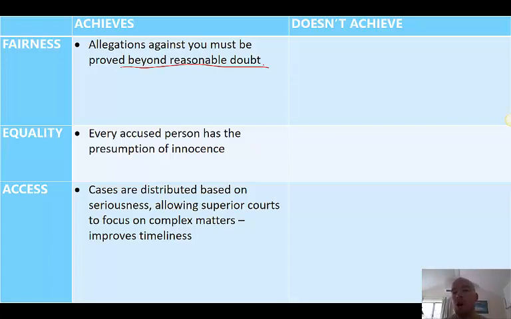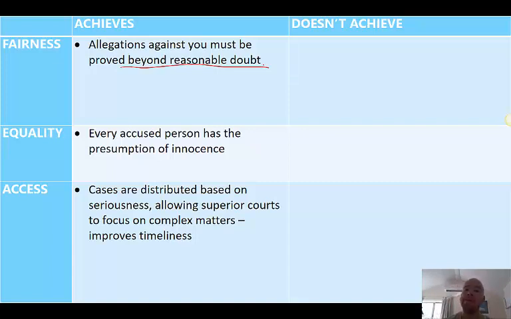Finally, access. With summary and indictable offences, as I said, cases are distributed based on their seriousness. This means courts like the County Court and the Supreme Court are not going to get bogged down dealing with people driving on Eastlink without their car registered, because that would be an absolute waste of the best legal minds in Victoria's time.